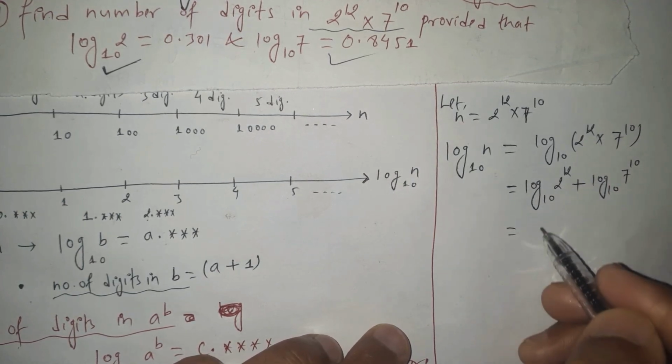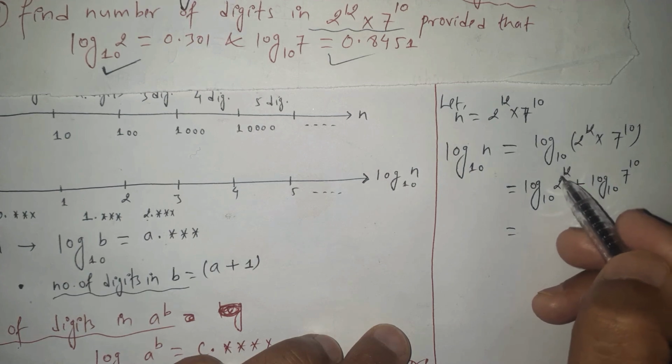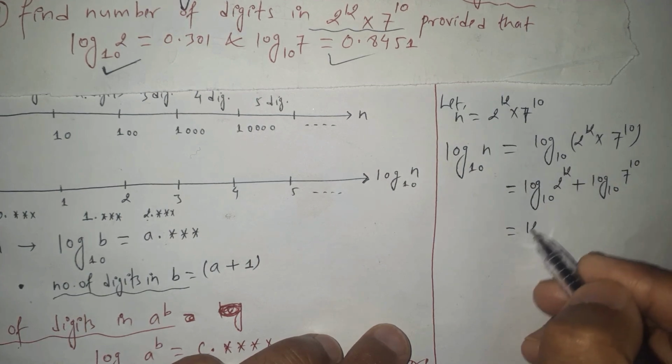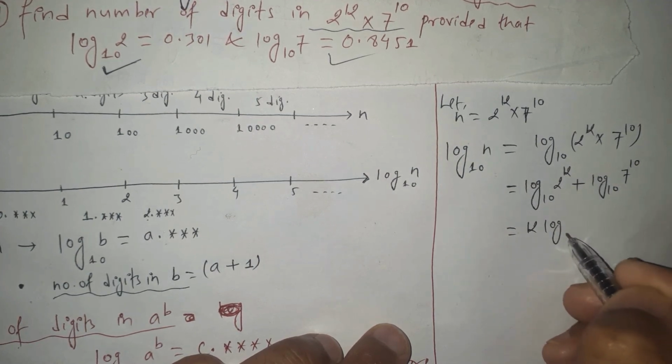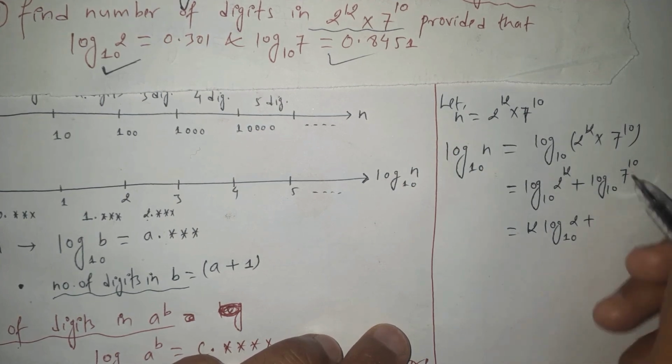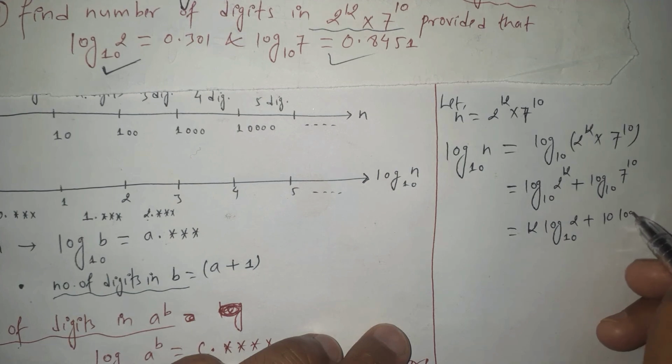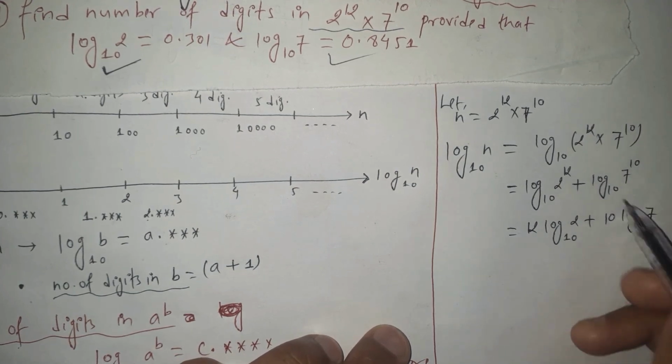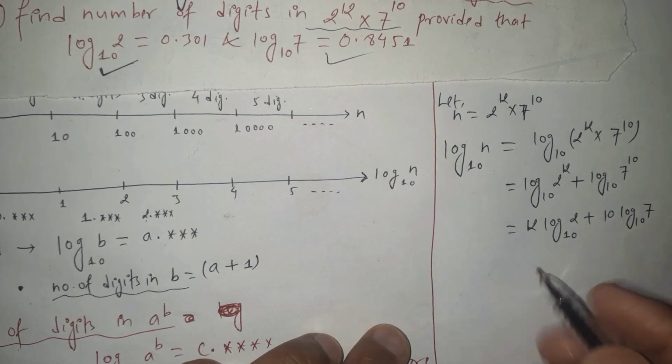This can be further simplified as the power of the argument comes in front: 12 times log base 10 of 2 plus 10 times log with base 10 of 7. Here we apply the power law of the logarithm.